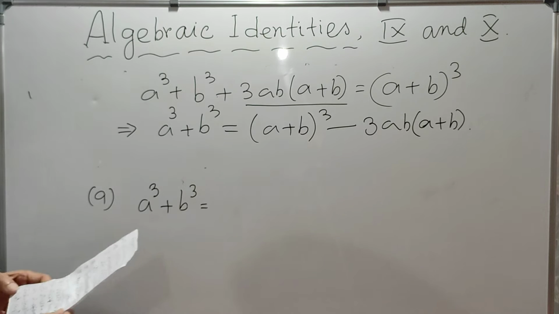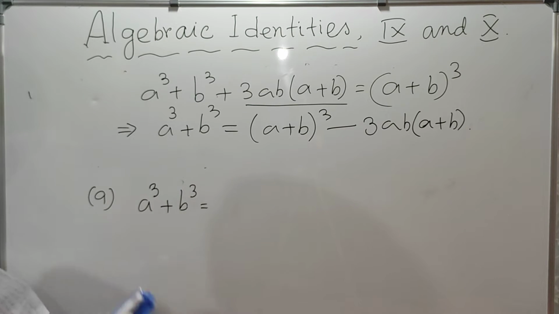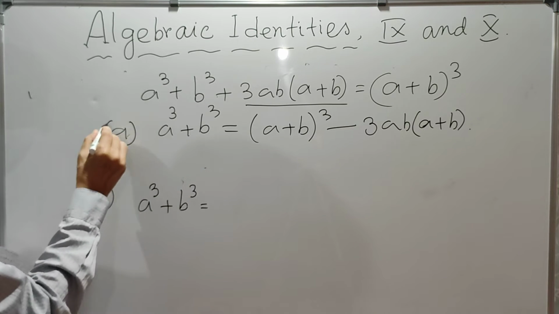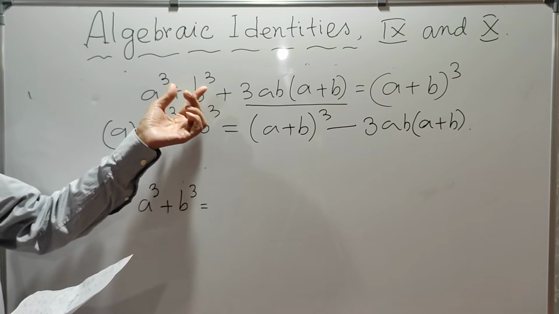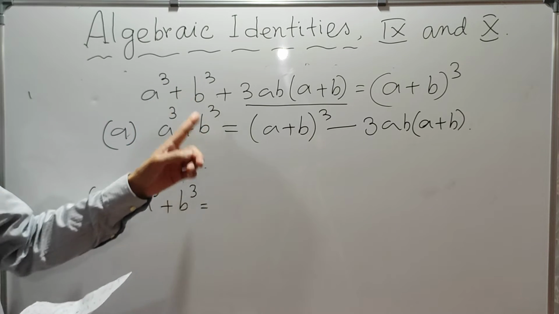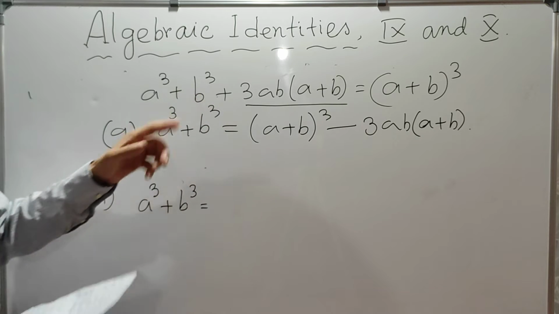So what is a^3 + b^3? (a+b)^3 - 3ab(a+b). So this is the 9th identity. This 9th identity comes from the 7th identity.